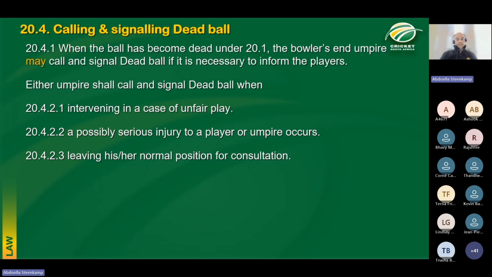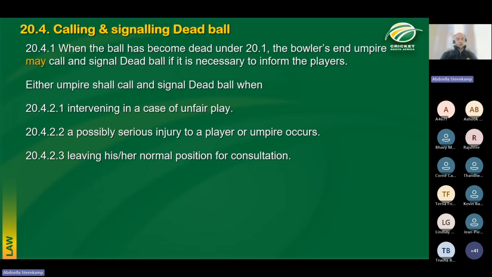Umpires need to call and signal dead ball if you are going to leave your normal position to consult your colleague. Like, the bowler delivers the ball, the batter gets an edge, it goes to second slip, who takes it low to the ground. The bowler's end umpire's view got blocked by the bowler in his or her follow through, so the umpire is not sure whether that ball carried to second slip or not.